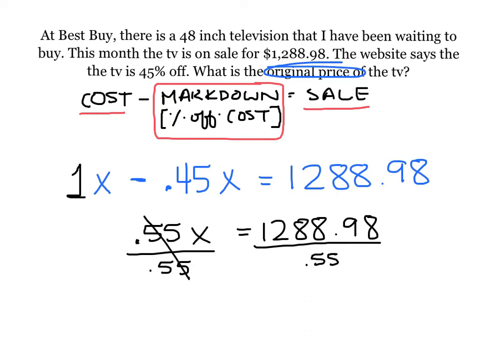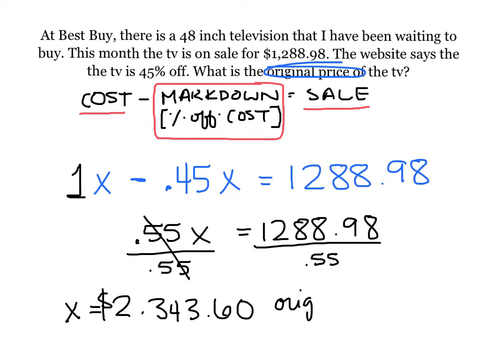And then at the end, we end up with x equals $2,343.60. And that was the original price of the TV that I want to buy.